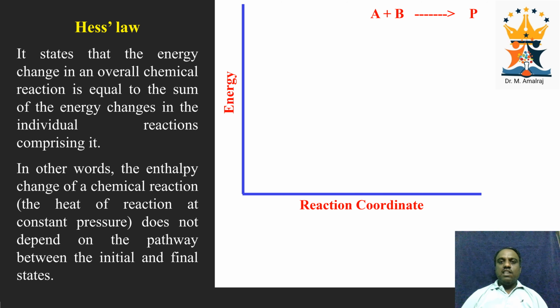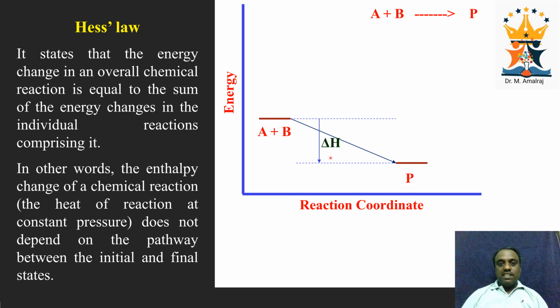The energy of the reactants is given here and the product is given here. Since the product energy is lesser than the reactants' energy, the reaction must be exothermic, and the enthalpy for this conversion will be mentioned as delta H.